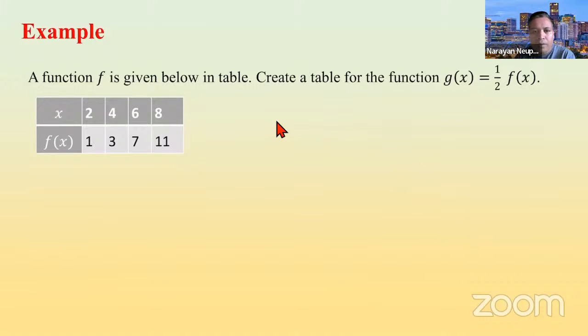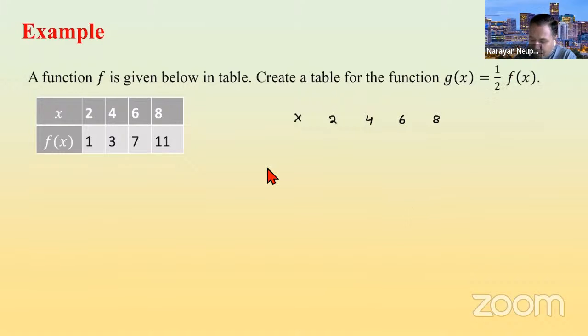So what we'll do is first we are going to write the same x values because x values will not change. So x values are 2, 4, 6, 8. These are the x values. Now we need the f(x), but in this case, it is not f(x), it is half of f(x), which is denoted by g(x).